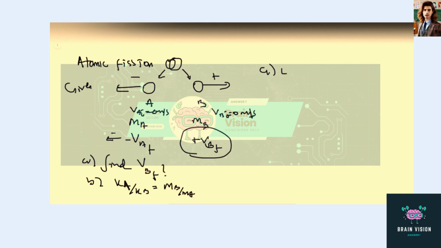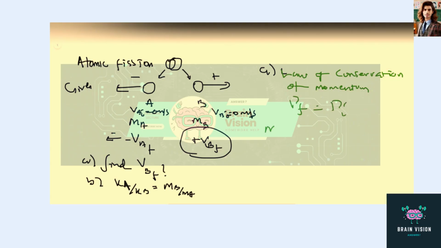Okay, so we're using the law of conservation of momentum, which pretty much says that the final momentum is equal to the initial momentum.